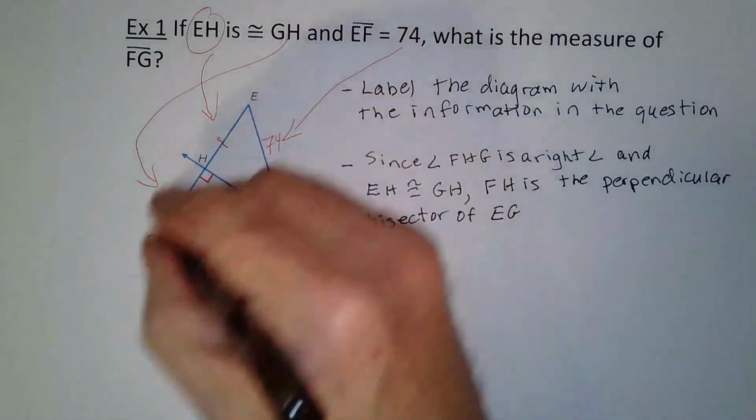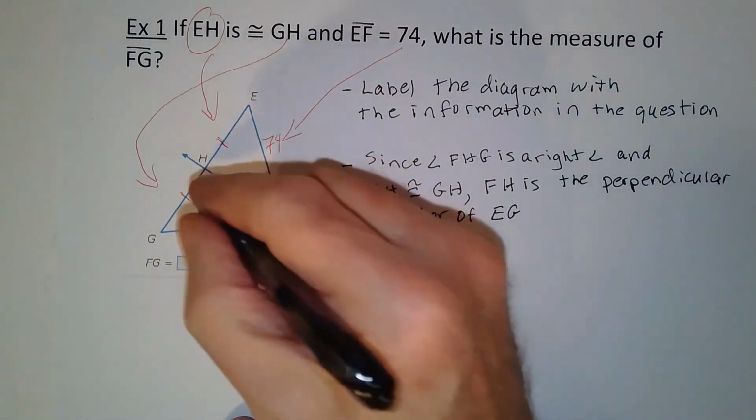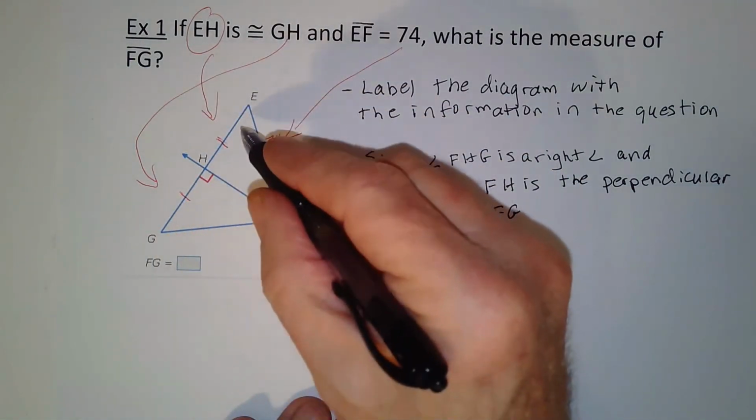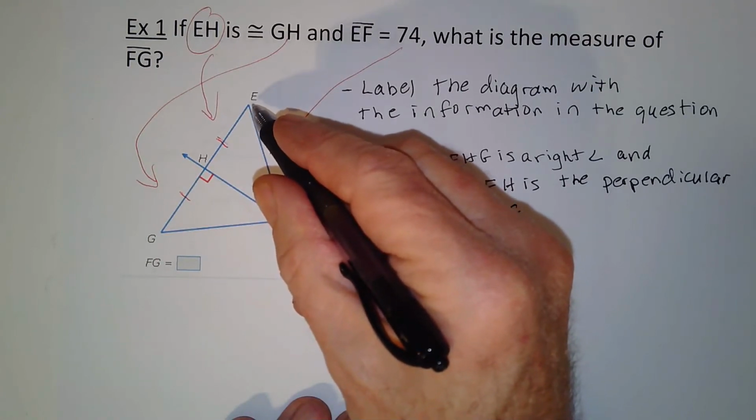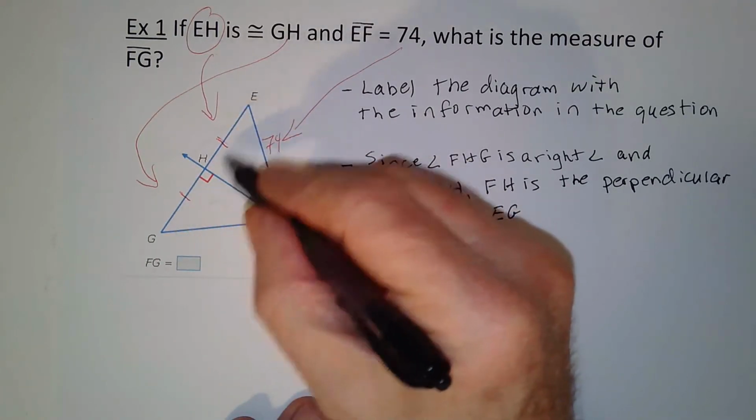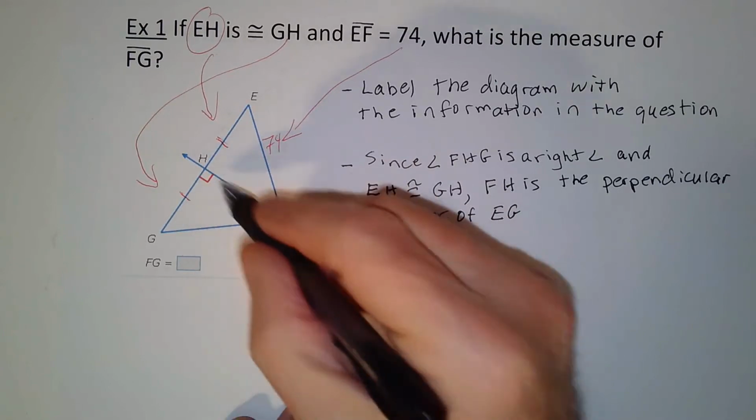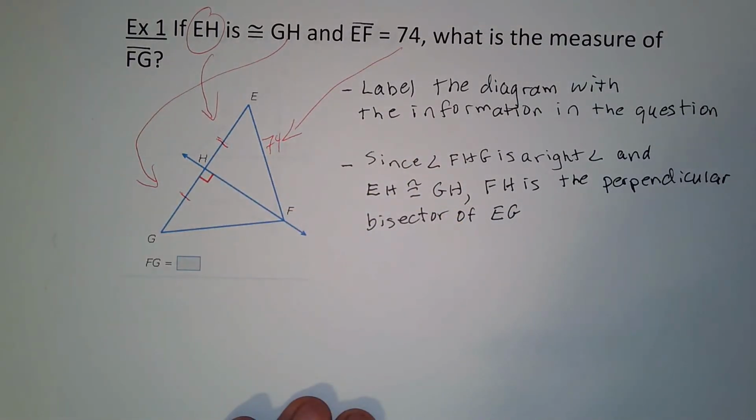That's the whole thing. So this is a bisector, and we know it's a bisector because it separates the whole line into two sections that are congruent, EH and GH, and it's perpendicular because of the right angle.